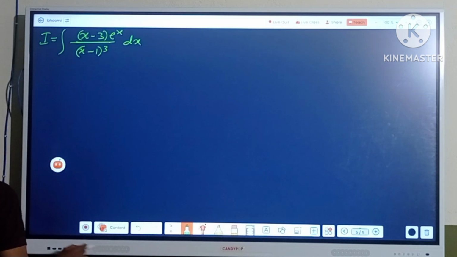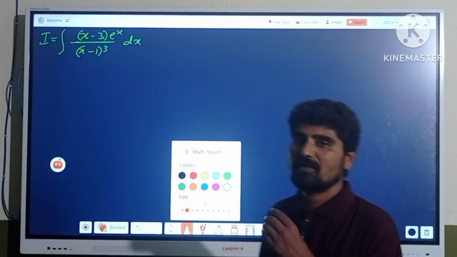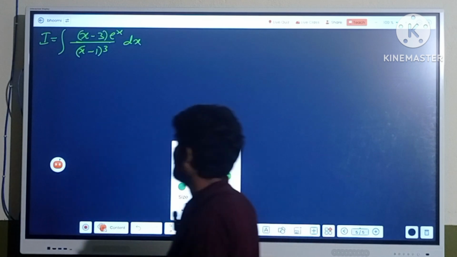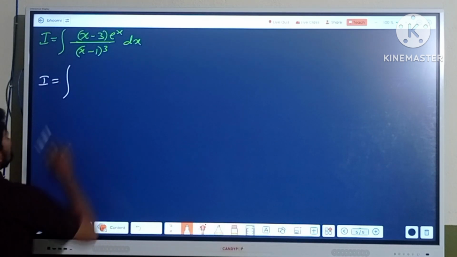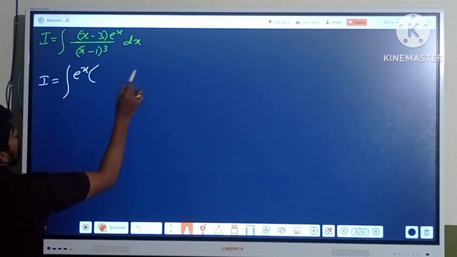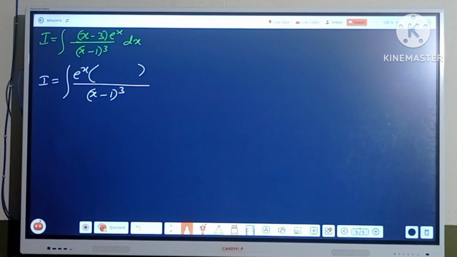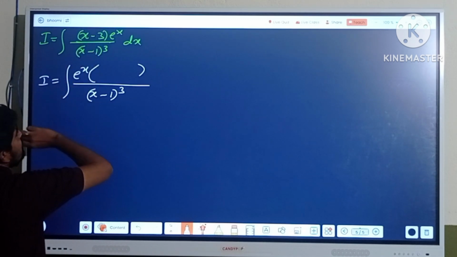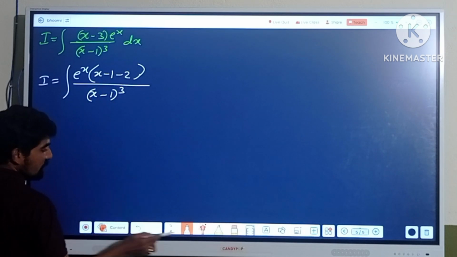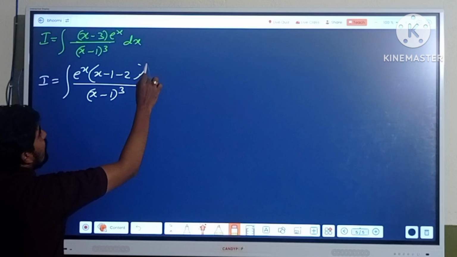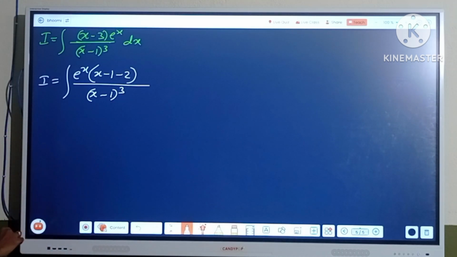Now to find the integral of this, first we need to express this question also in the form of the integration of e power x into [f(x) plus f dash x]. So for that, let I is equal to the integration of e power x into (x minus 3) divided by (x minus 1) whole cube. Now can I express this x minus 3 as x minus 1 minus 2? Because x minus 1 minus 2 is equal to x minus 3 itself.